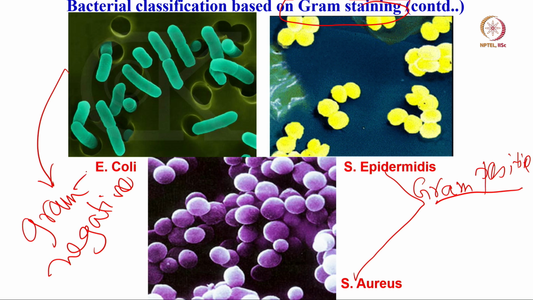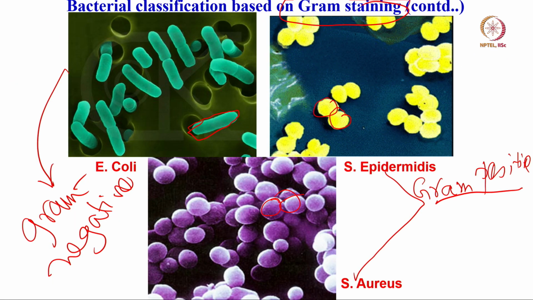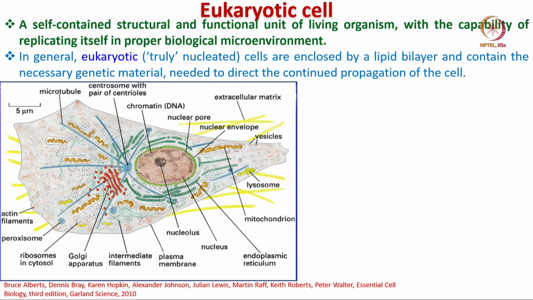So, clearly the morphology is different. Gram negative bacteria is like E. coli, which is a more rod shaped bacteria, whereas gram positive bacteria is more like a spherical shaped bacteria. So, these are two different types of bacteria, and now we will move on to eukaryotic cells.